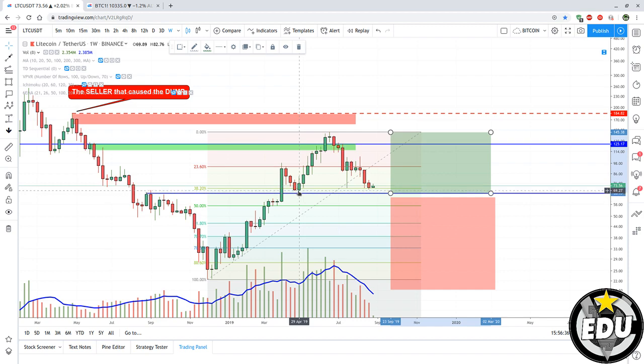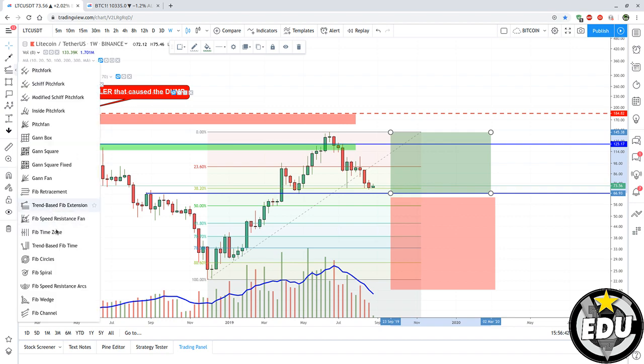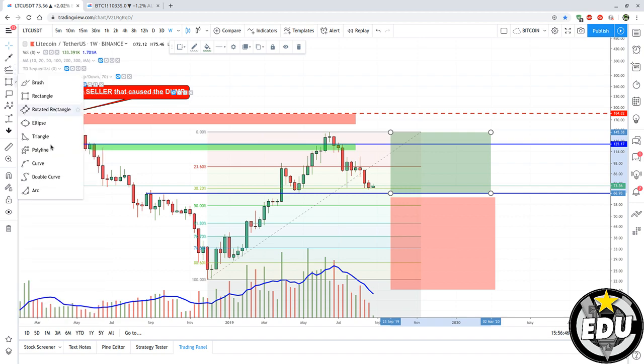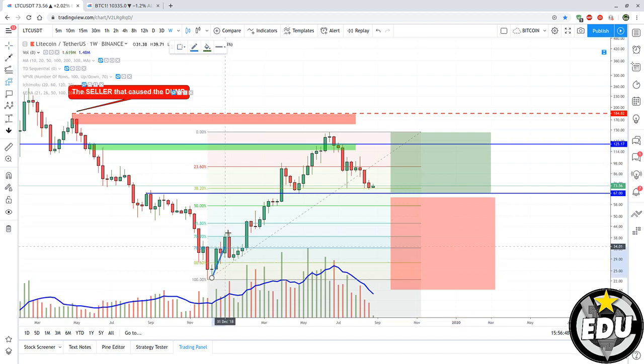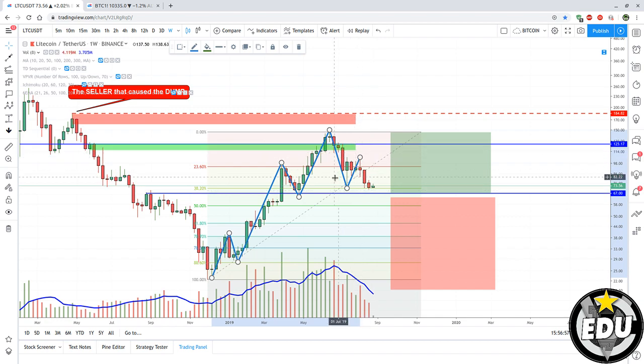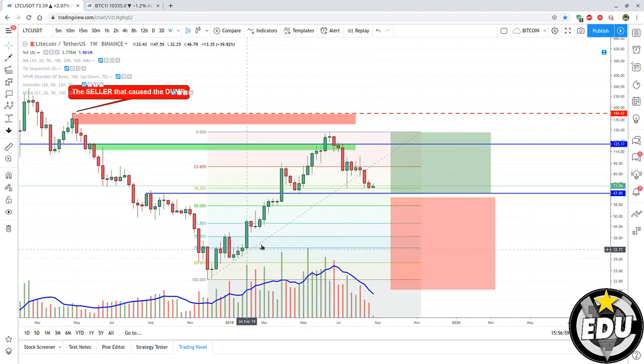So until it breaks below this main low, we will still be making an uptrend structure, right? And we have an ABC correction after, so we can see those as Elliott wave and maybe an ABC correction.